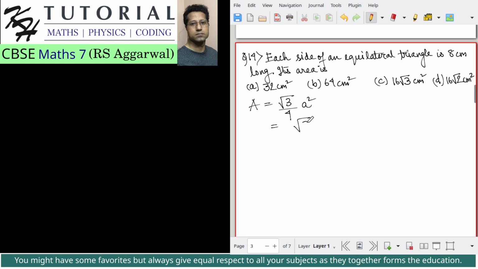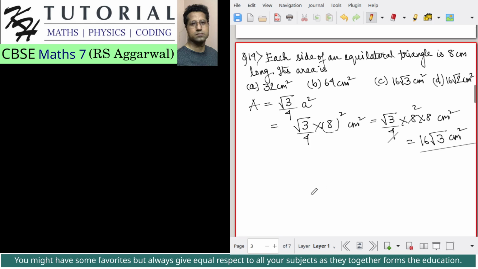So the area will be square root of 3 divided by 4 multiplied by 8 square centimeter square. This is square root of 3 by 4 multiplied by 8 multiplied by 8. 4 divides 8 with 2. So this is equal to 16 square root of 3 centimeter square. So the correct choice is choice C.